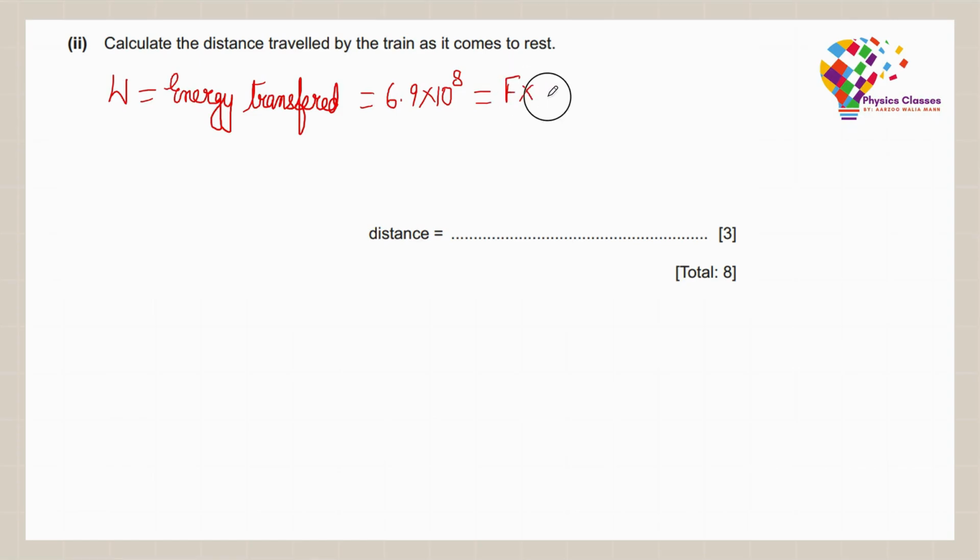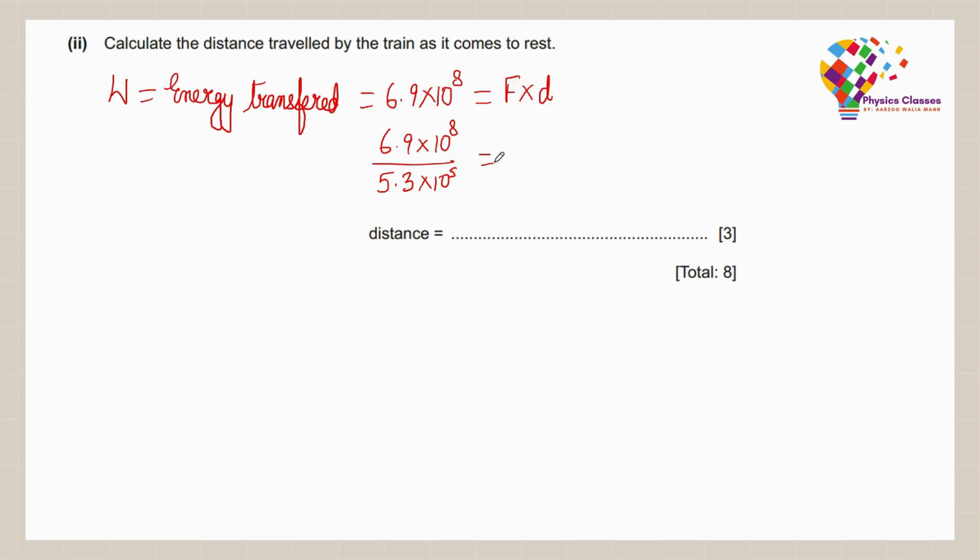We also know that the work done is nothing but force times the displacement, and the force that we calculated in the previous part was 5.3 into 10 to the power 5 newtons. So 6.9 into 10 to the power 8 divided by 5.3 into 10 to the power 5 newtons will give me the distance.